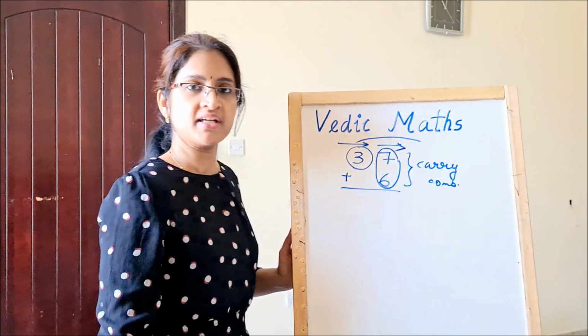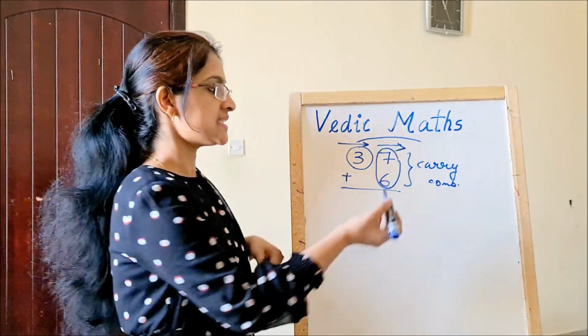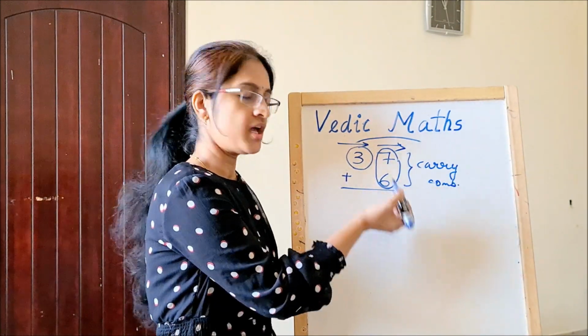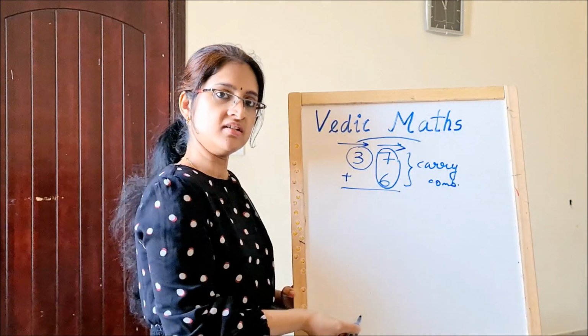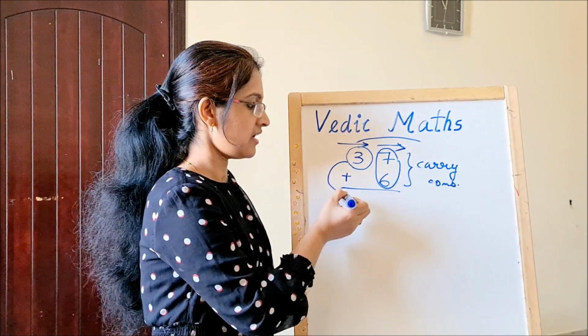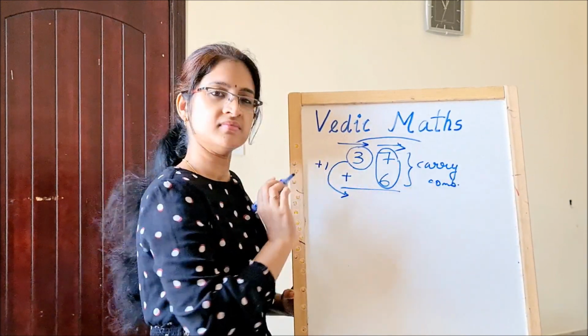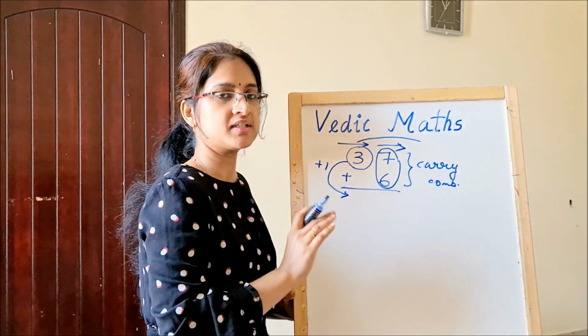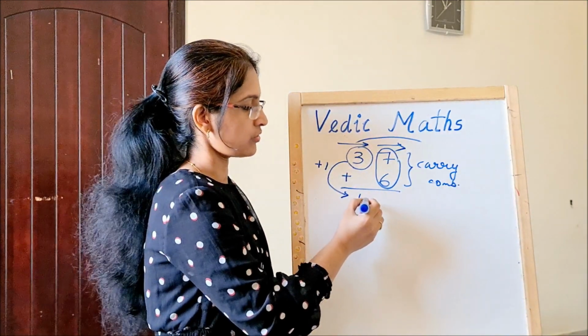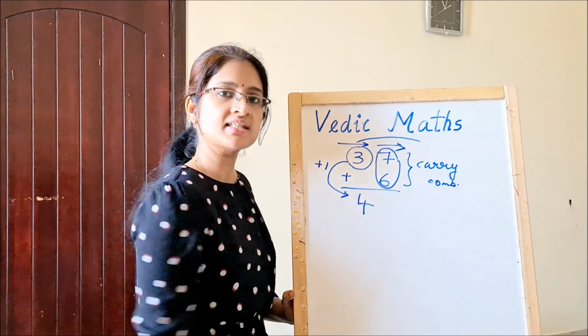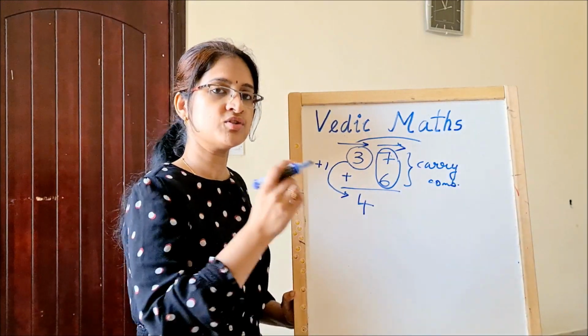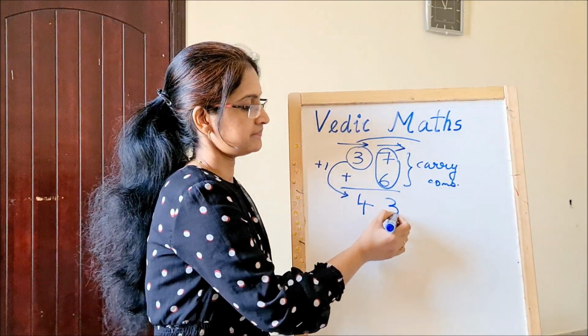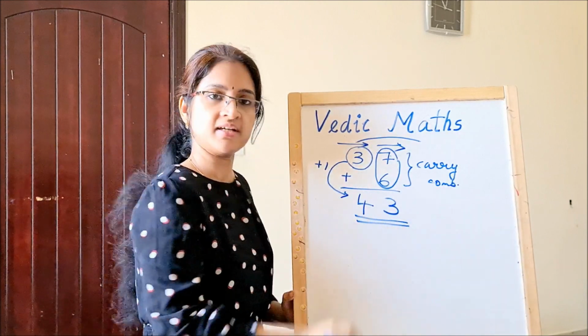So since it is a carry combination, before writing 3 here, you simply add a 1 to it. Blindly add a 1 to it. So 3 becomes 4. And 7 plus 6, through the n number concept, you know, is 3. So the answer is 43.